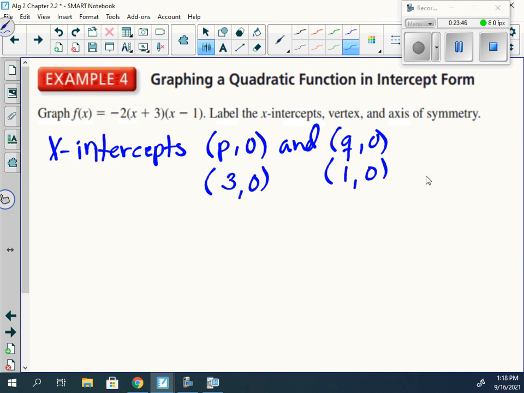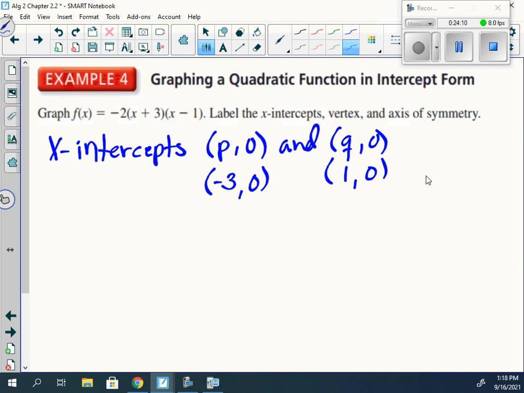Well, now we need to figure out the signs for p and q. Well, in the formula, we have what? X minus p and x minus q, yes? So that means if I have an x plus 3, the sign with 3 should be what? Negative.